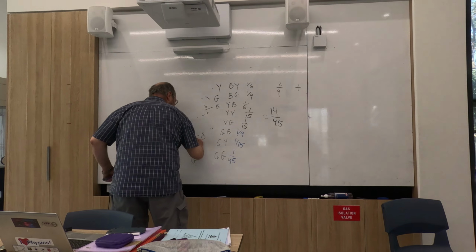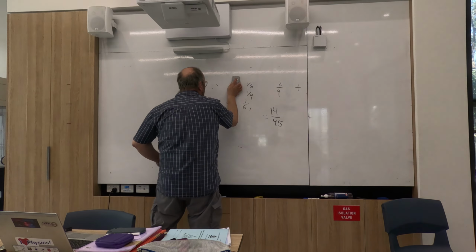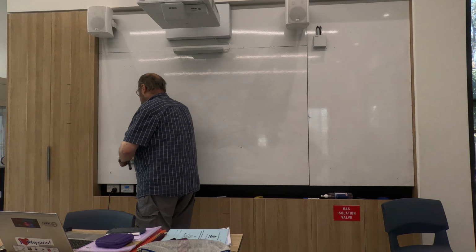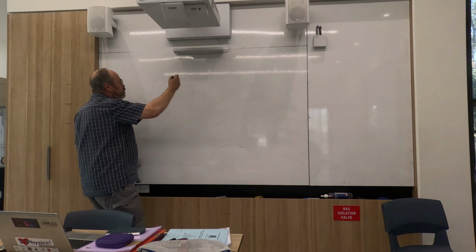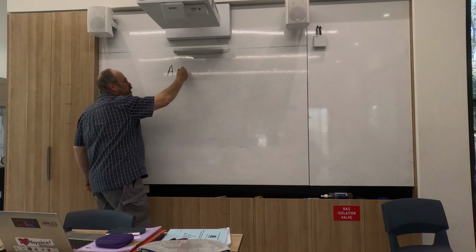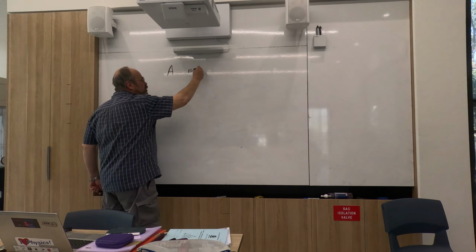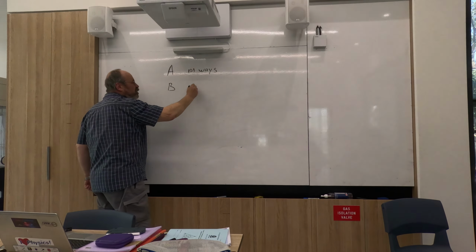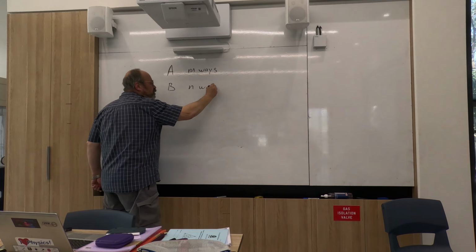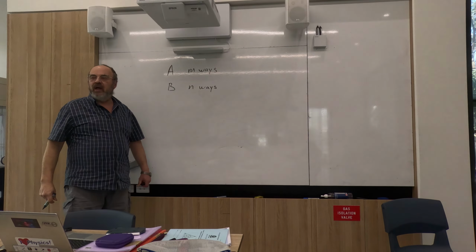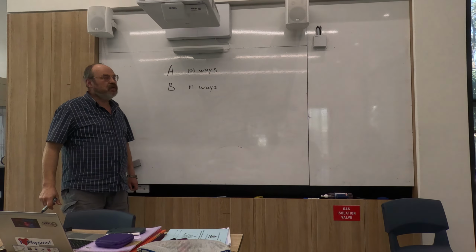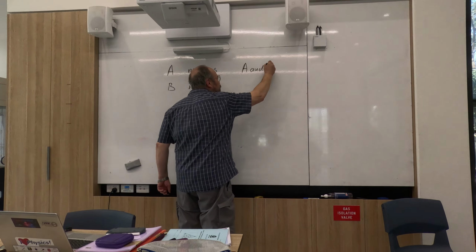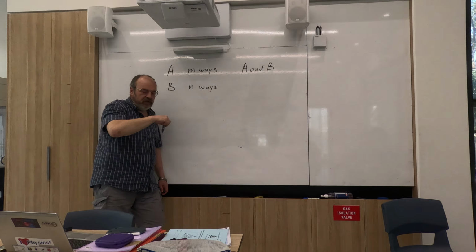If we can do something A in M ways, and we can do B in N ways, in how many ways can we do A and B in that order?